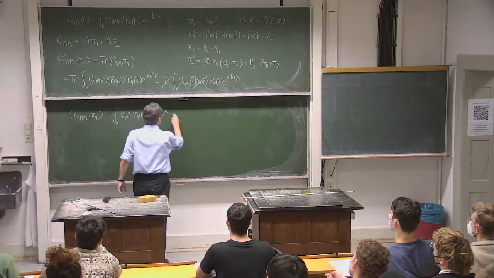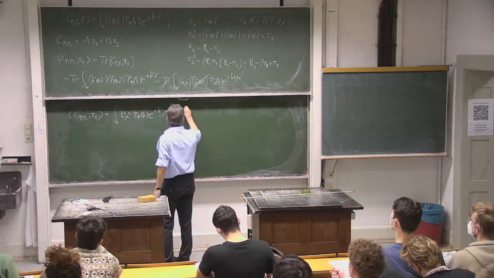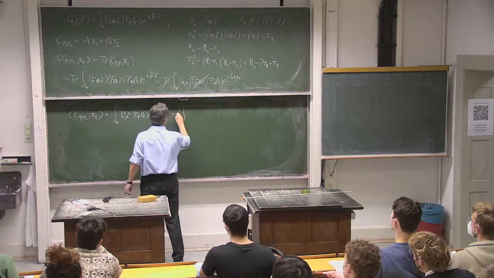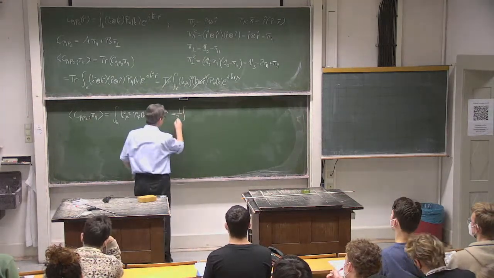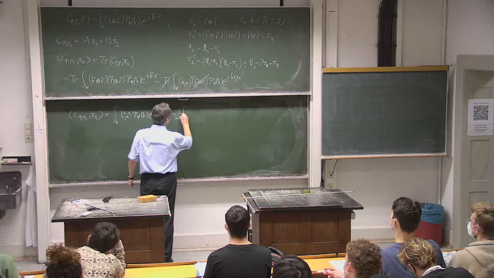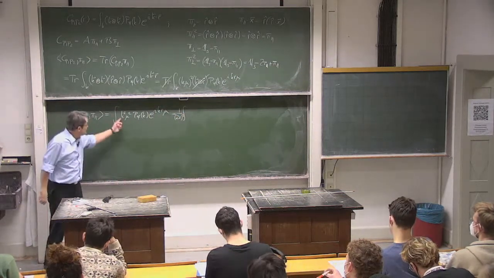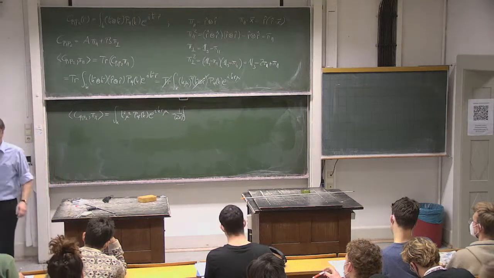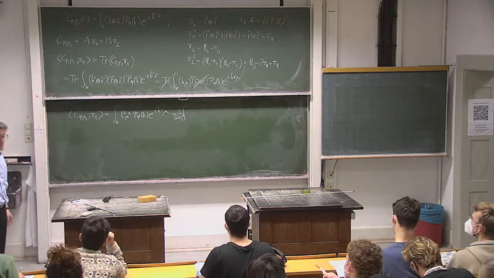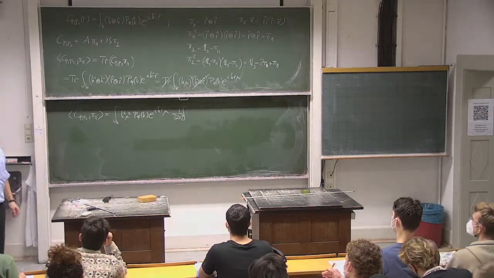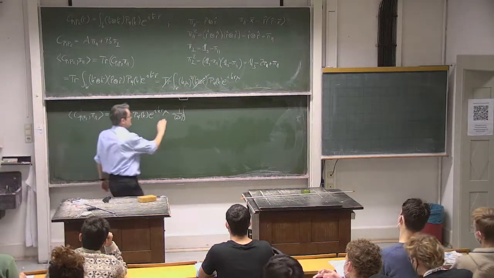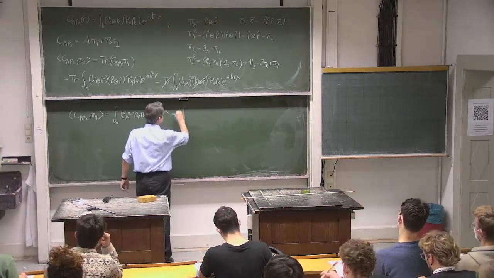Okay, now let me write this out. This is an integral over one over 2 pi cubed. But then we also have an integral over phi. But the integrand has no dependence on phi. So the integral over phi just gives another factor of 2 pi, but this time in the numerator.